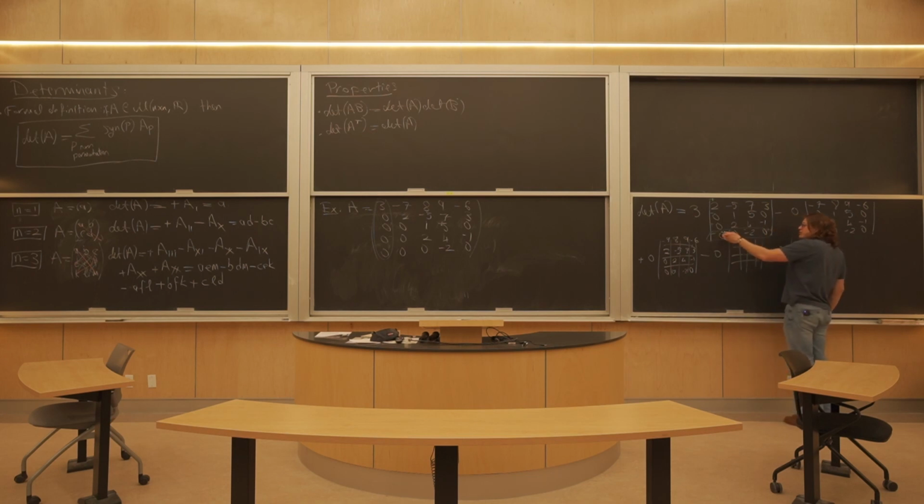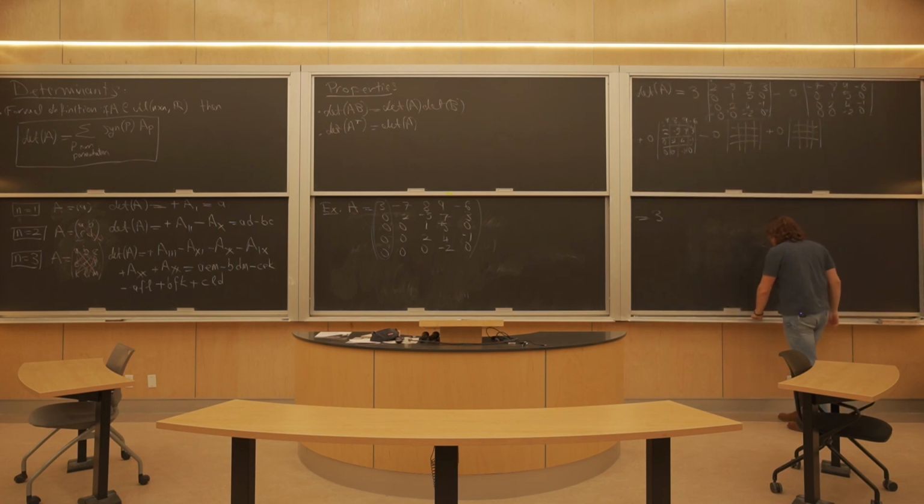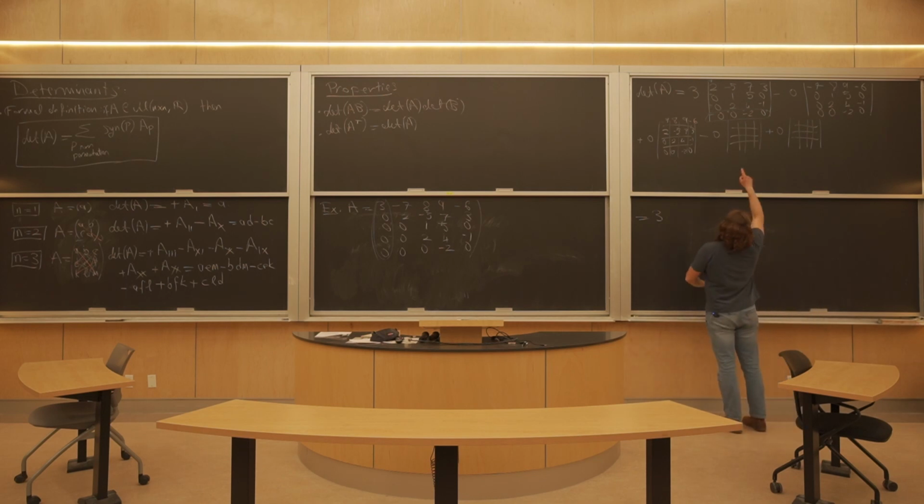Now again, I'm going to go through all of these entries and add them up or subtract them depending on the sign. But in this case, again, 3 of these entries are 0. So all I need to worry about is this. So 3 times minus 2 times, minus 2 times.